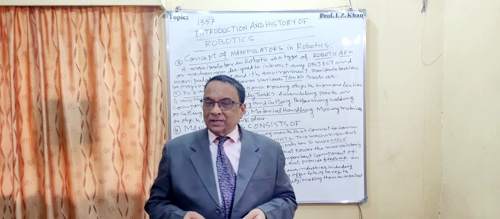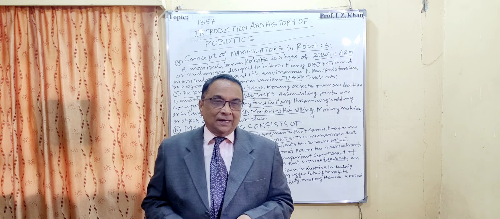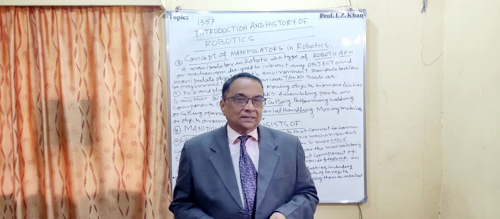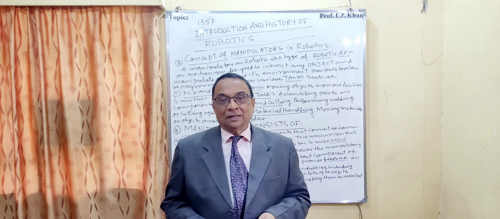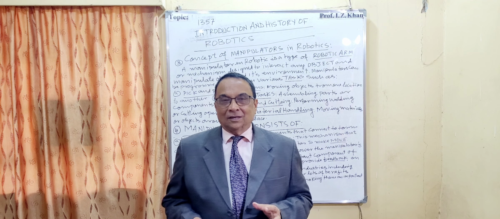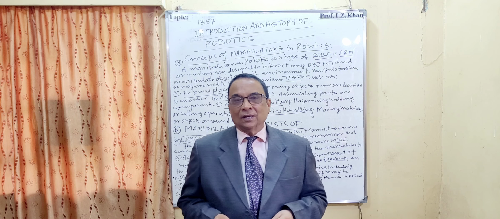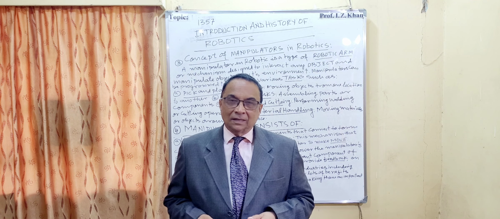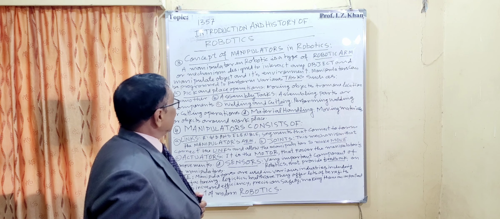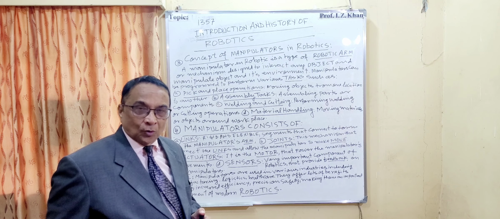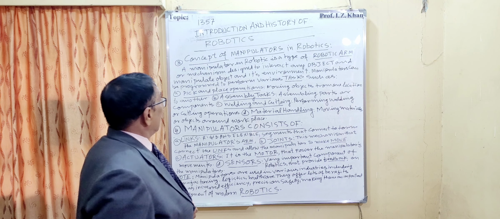So it is important for teachers at school level to explain and teach the kids the function and importance of the manipulator, because a manipulator with sensors plays an important role in doing all the multiple tasks. So here I have given the concept of manipulators in robots. What is the basic concept of manipulators?